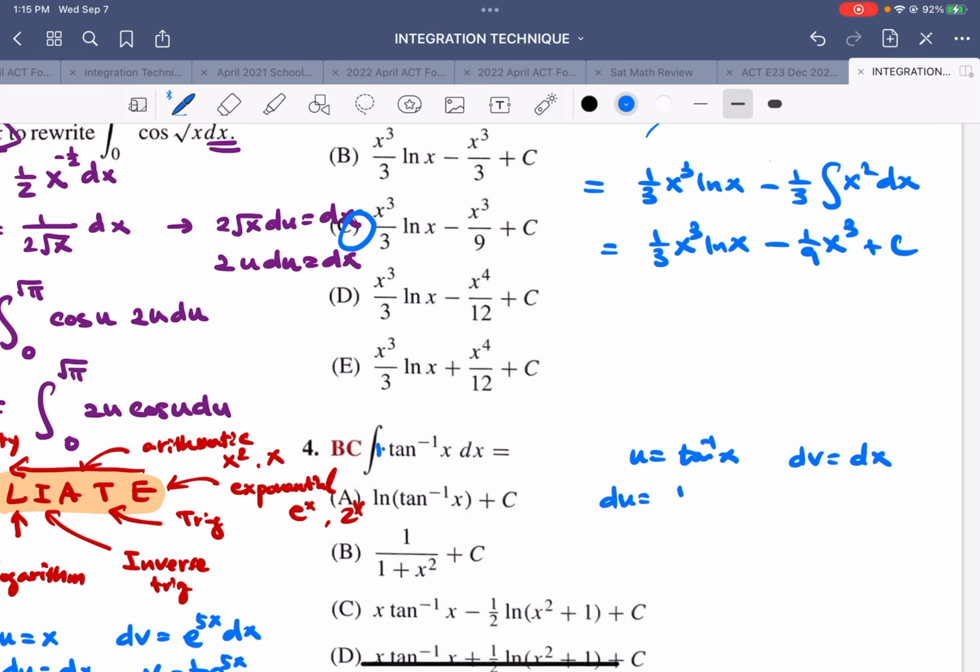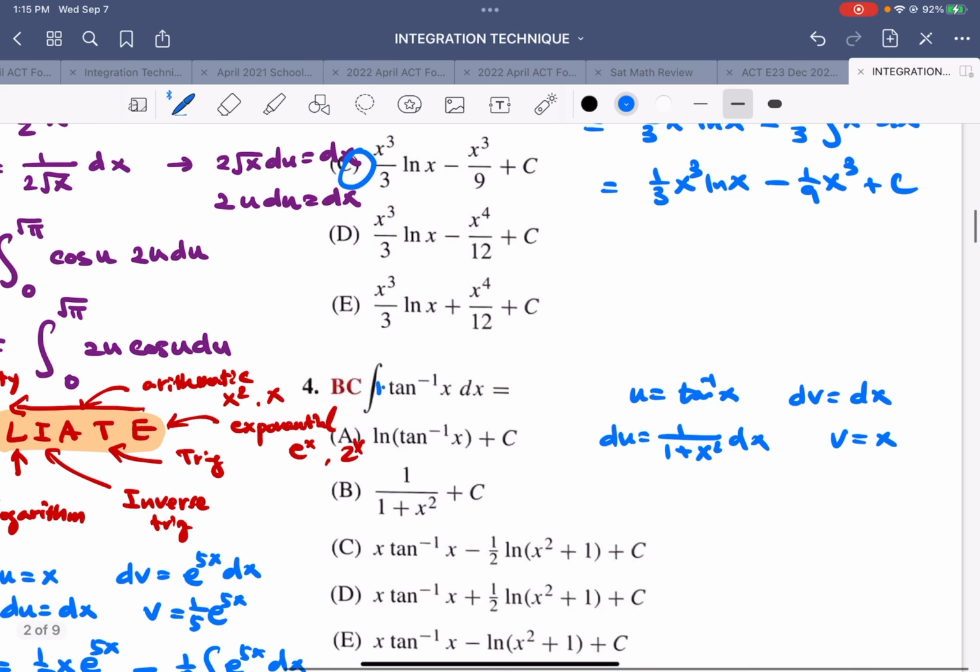So du equals 1 over 1 plus x squared dx, since that is the derivative of inverse tangent. So v equals x. Now uv is x inverse tangent x, minus v du, x over 1 plus x squared dx.